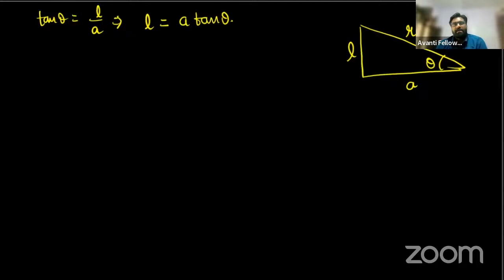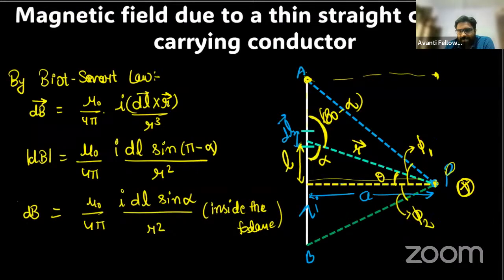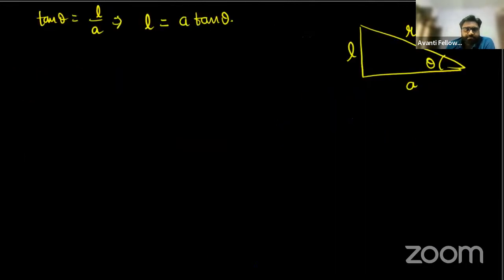Now, how will we do that? Focus on this part. We write L in terms of A and tan theta. A is constant. Whether you take point P here, here, or here, the value of A will be constant because it is the perpendicular distance, which is not going to change. Now, if you differentiate this, dl is equal to A times the differentiation of tan theta. If anyone remembers, the differentiation of tan theta is sec square theta d theta.